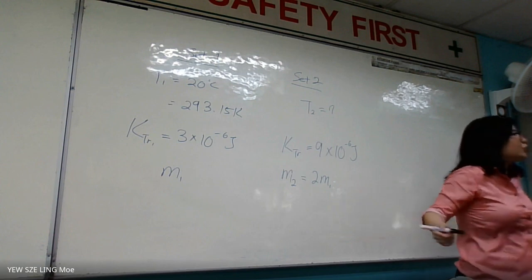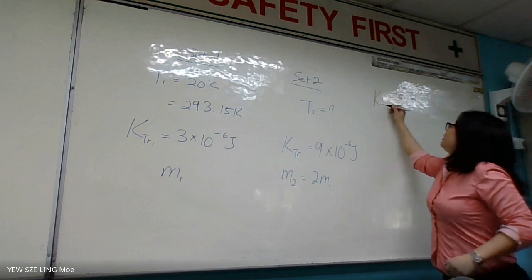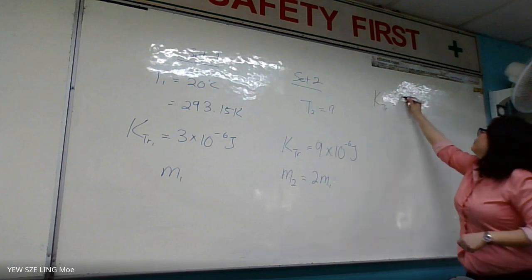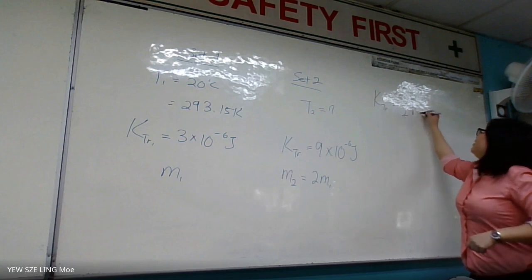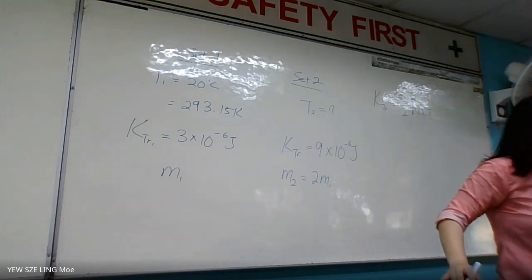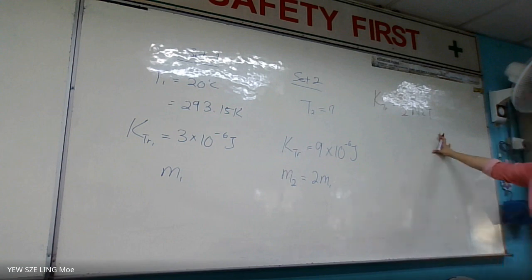Translational kinetic energy degree of freedom is always equal to 3. So KTR is now equal to 3 over 2 NKT. So if I look at this equation, I cannot relate it to mass. I need to link these equations to mass.